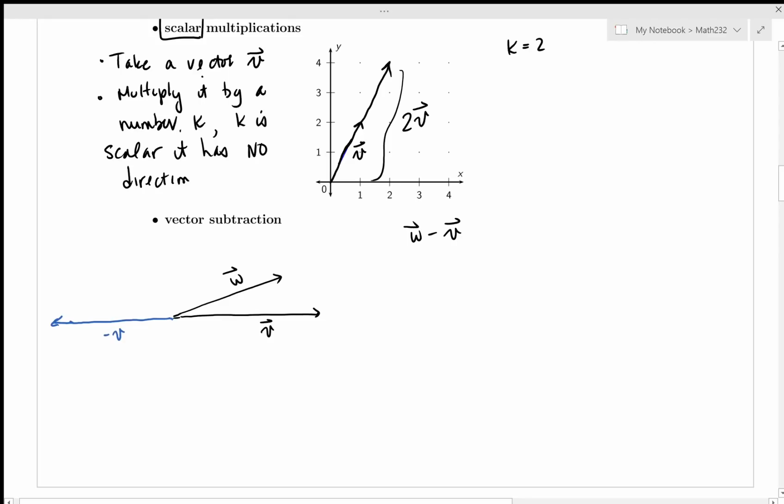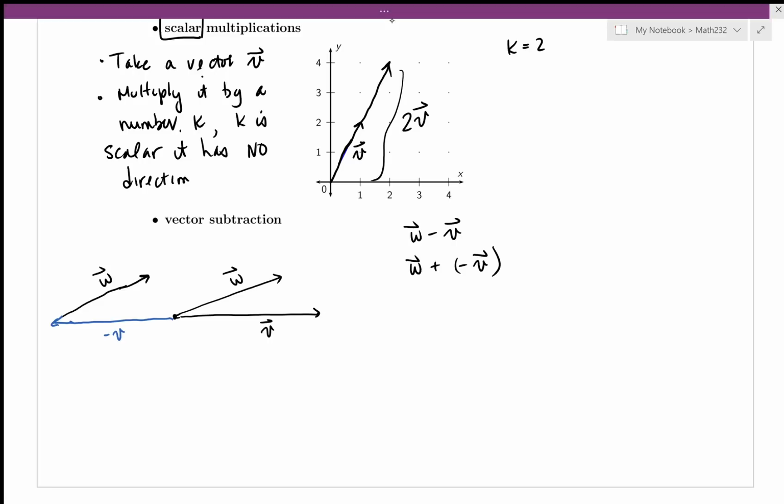And then now I will add those together. I will add W plus minus V. And to do that, I put the initial point of V on the terminal point of minus V. So that looks like that. Approximately, let's get it the right length, approximately like that. So this is W. And then I'm going to add those two things together, giving me the answer.